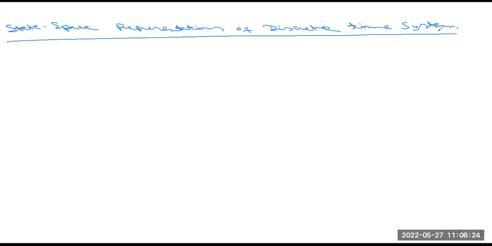So our discrete control system is basically classified into different categories. First we have to express the canonical forms for the discrete time state space equation.